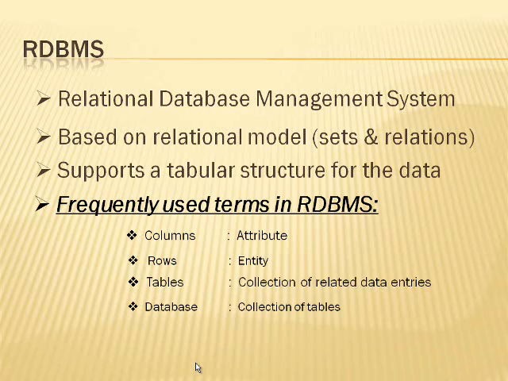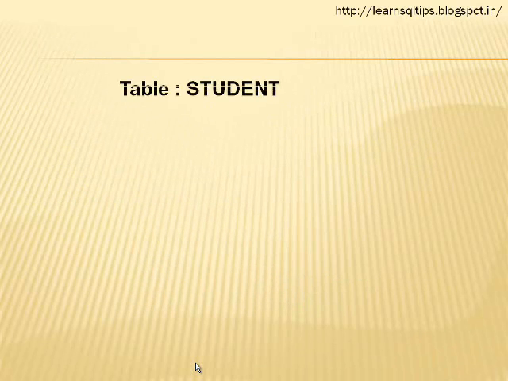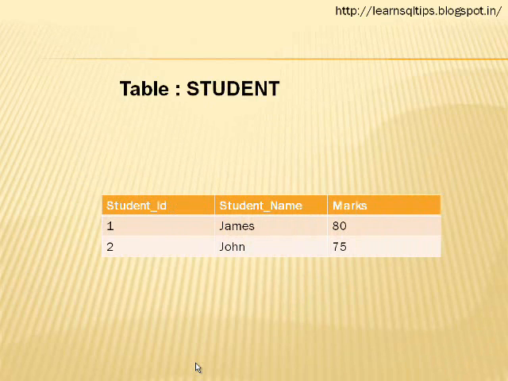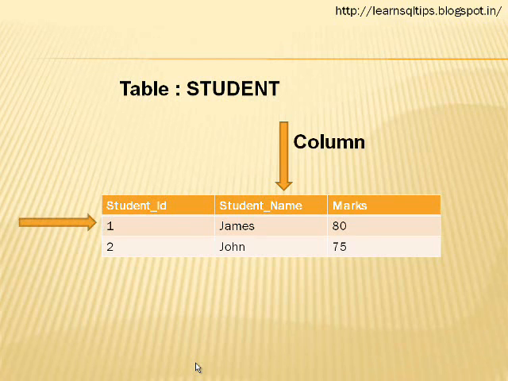Table is a collection of rows and columns. Database is nothing but collection of tables and other objects. Example for the tabular structure of RDBMS is a student table, which is shown here. You can see the student name is a column and student ID is a column, and you can see the horizontal line 1 is a row, horizontal line 2 is also a row.